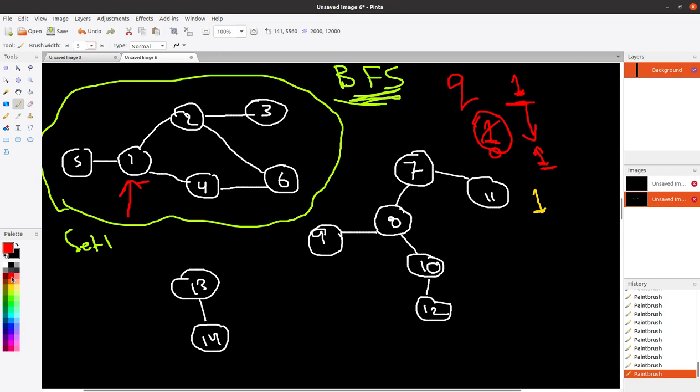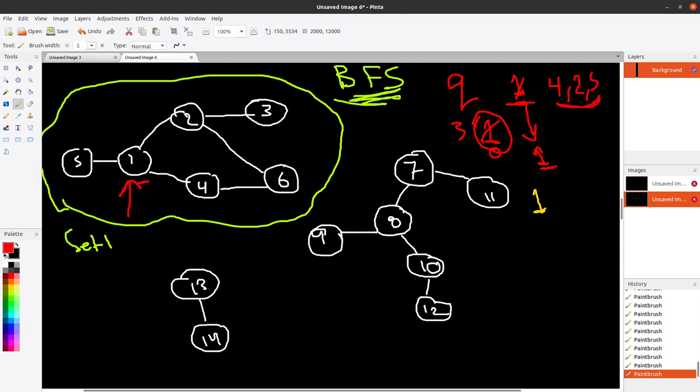Then we need to push all of its neighbors into the queue. So we have neighbors 4, 2, 5. So the queue now has 3 nodes. The next level is 3 nodes: 4, 2, 5, and all these nodes, now we will pull them from the queue.